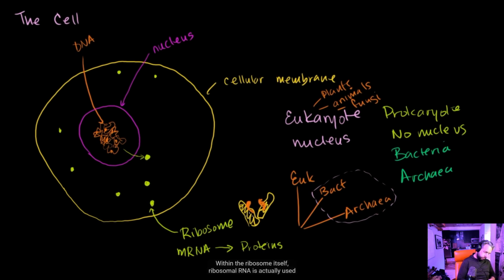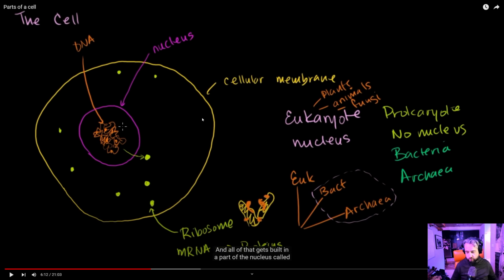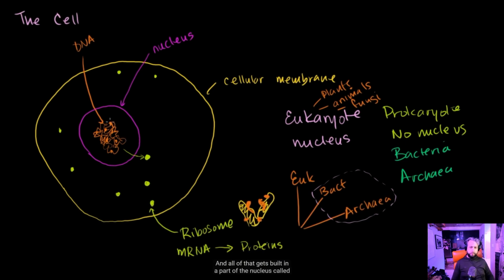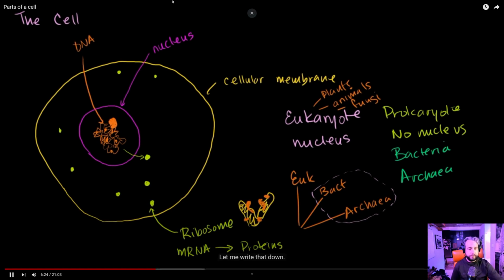Within the ribosome itself, ribosomal RNA is actually used as part of the structure. It actually helps the ribosome function as a ribosome. So the structure of that RNA contributes to the overall structural integrity of the ribosome. It's fascinating. All of that gets built in a part of the nucleus called the nucleolus. Let me write that down.